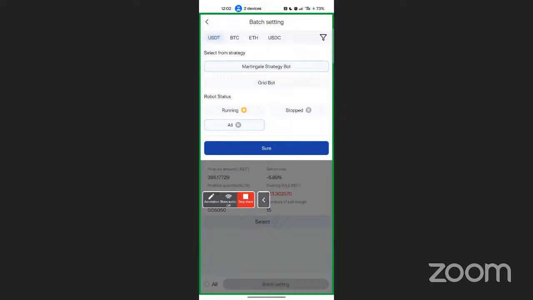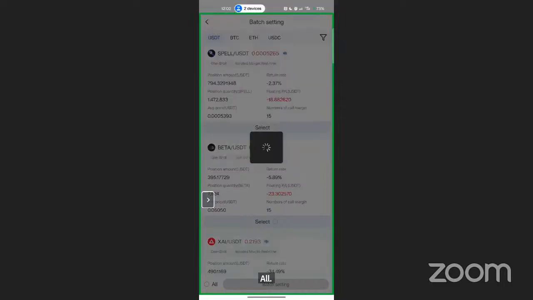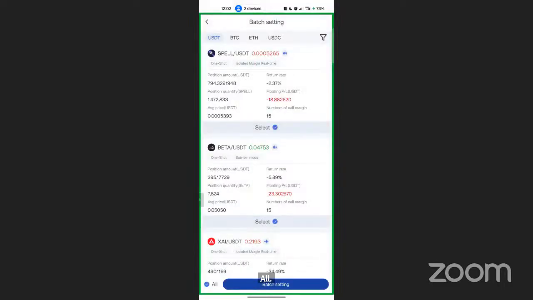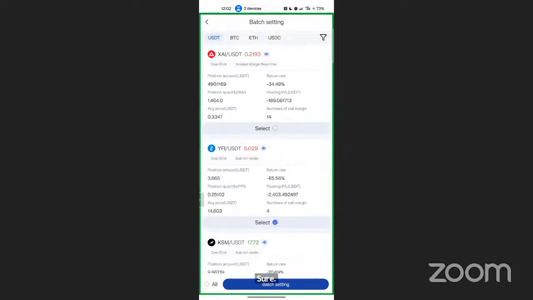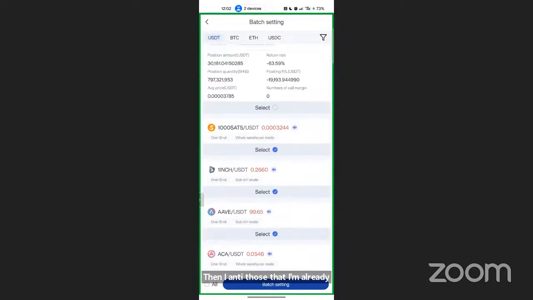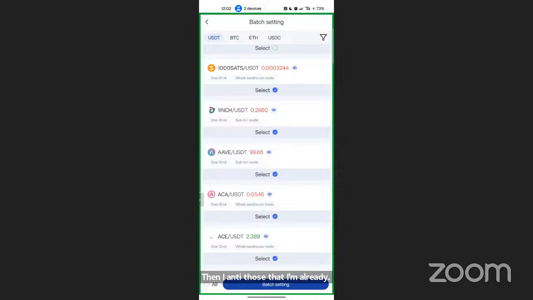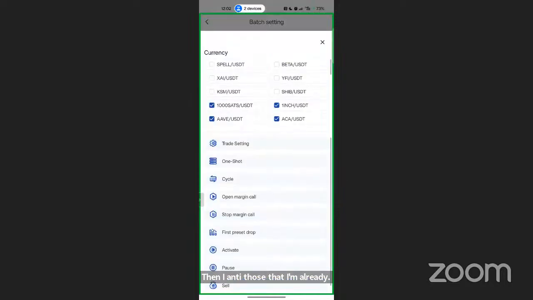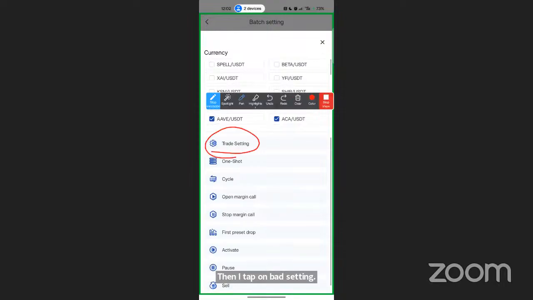All coins, sure. Tick all. Then I untick those that I'm already trading. Then I tap on batch setting. Then I tap on trade setting.